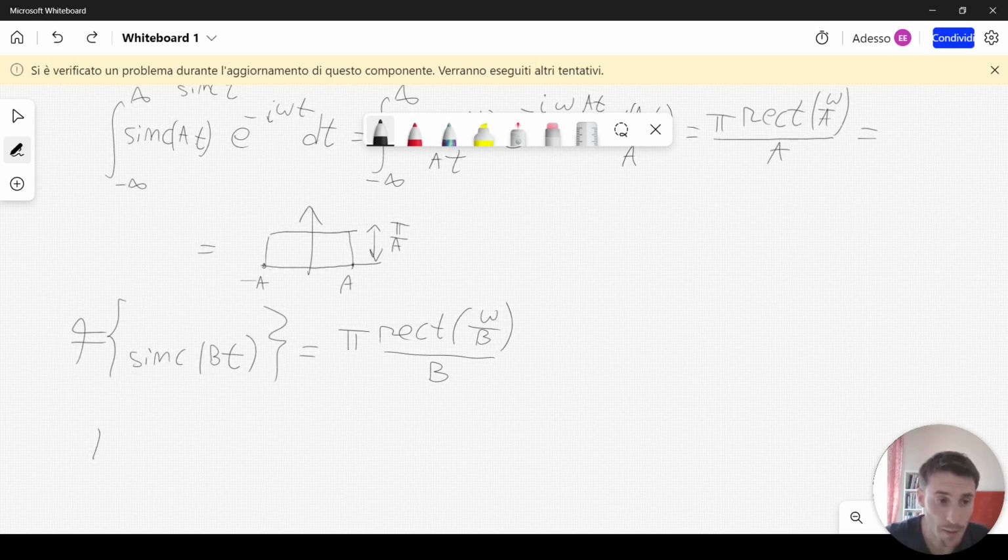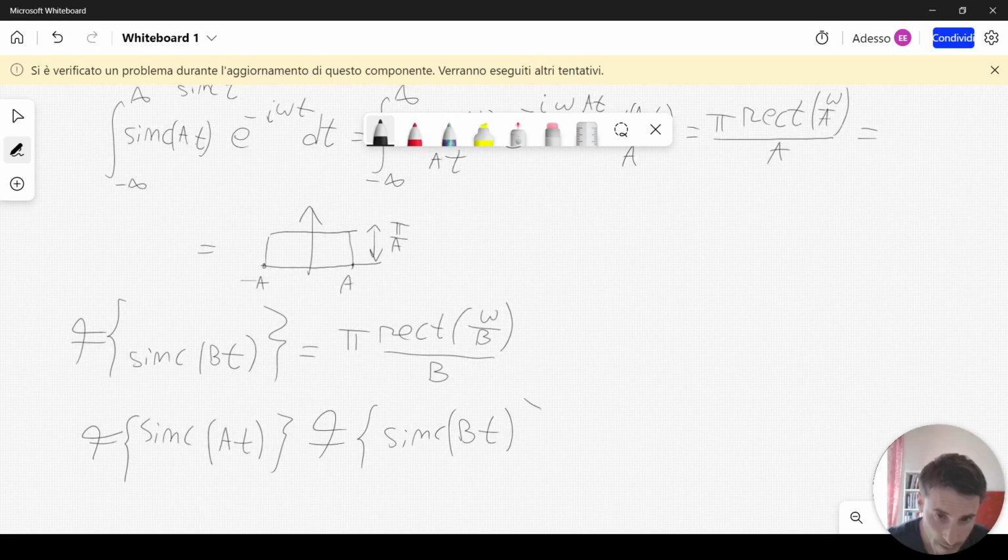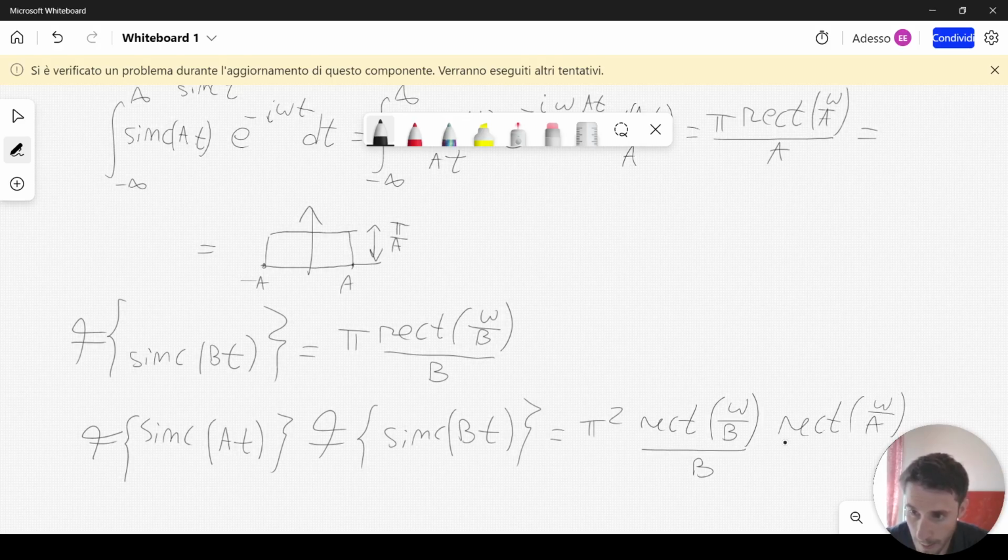So we multiply the Fourier transform of sinc of at with the Fourier transform of sinc of bt. This is equal to pi squared times the rectangular function of omega over b divided by b, and then the rectangular function of omega over a divided by a.